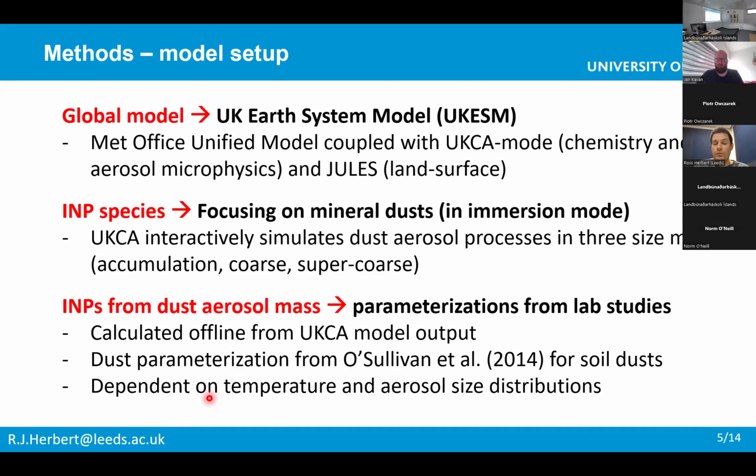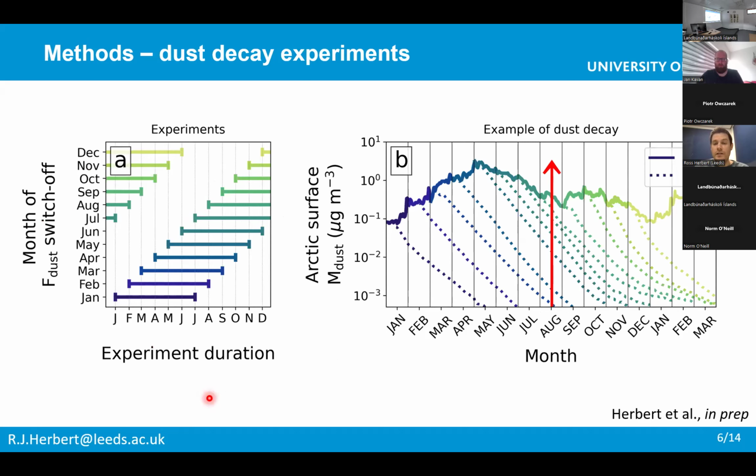So to actually look at these different timescales, we've come up with experiments to test this. We have a number of simulations, all run for 6 months, and we start them for each month of the year. For each of these 6-month periods, we have one simulation where dust emissions globally are just allowed to continue.